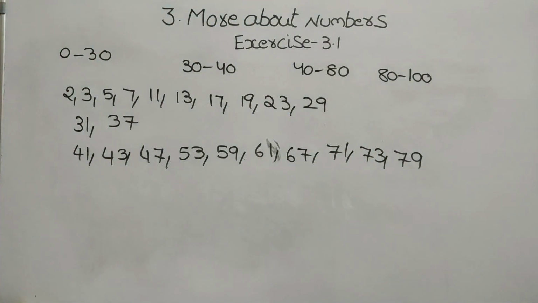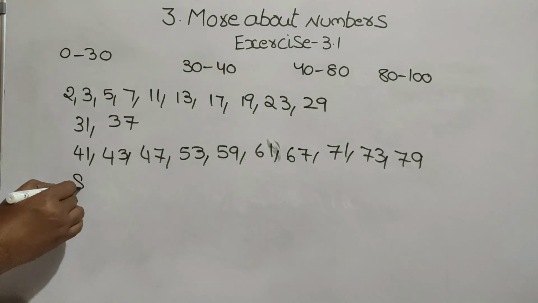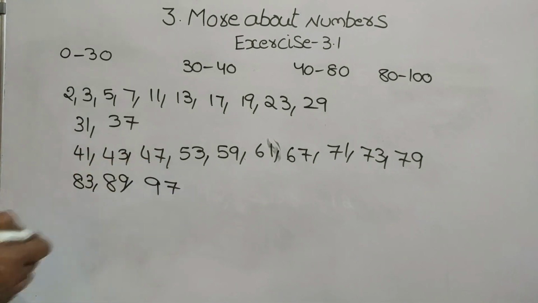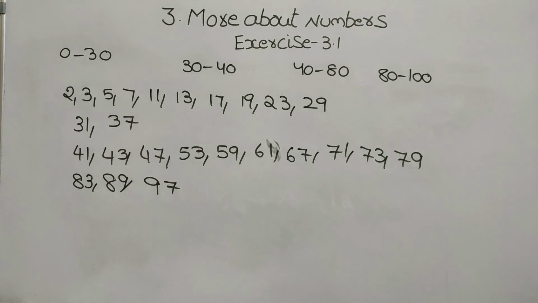Next, 83, 89, 97 are between 80 to 100. These are the prime numbers between 0 to 100: 2, 3, 5, 7, 11, 13, 17, 19, 23, 29, 31, 37, 41, 43, 47, 53, 59, 61, 67, 71, 73, 79, 83, 89 and 97.